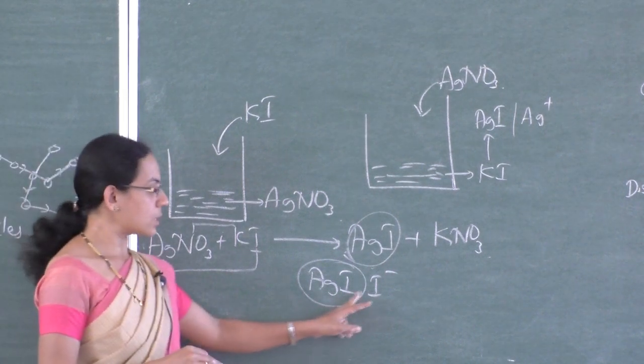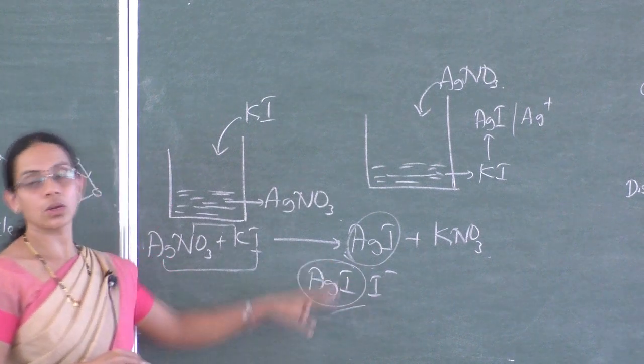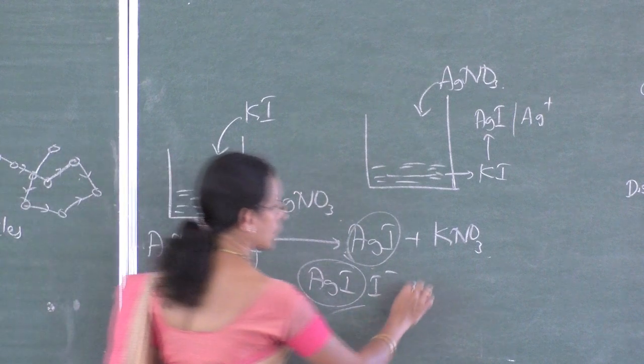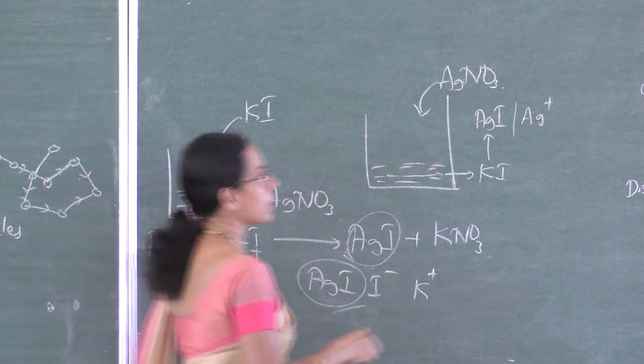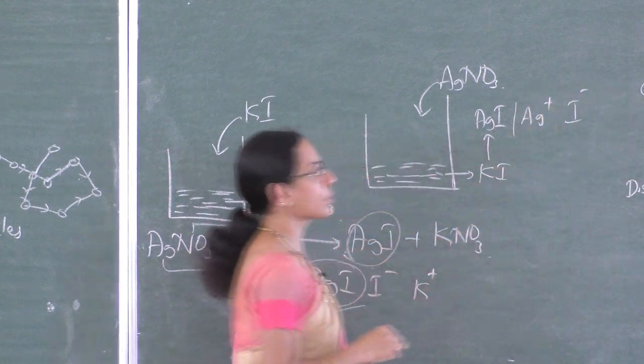And now this adsorbed charge can attract the counter ion present in the dispersion medium. So I minus can attract K plus ions, and Ag plus ions again attract I minus around it, right.